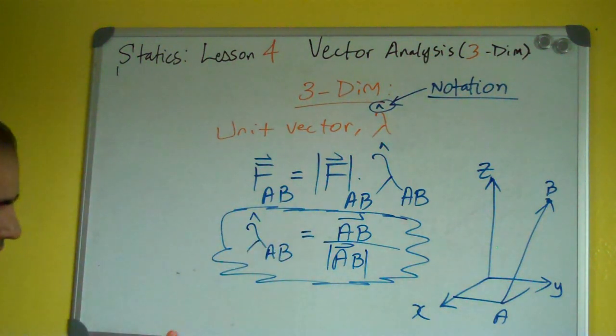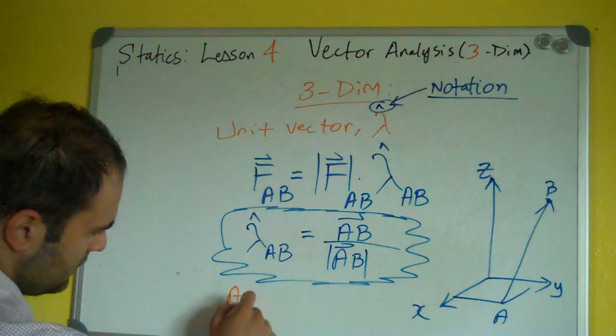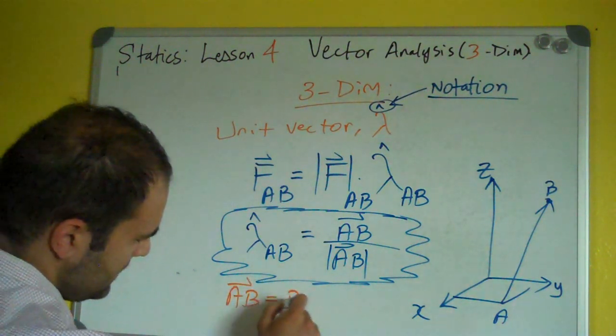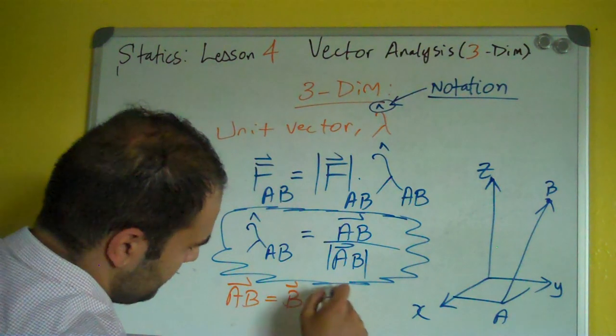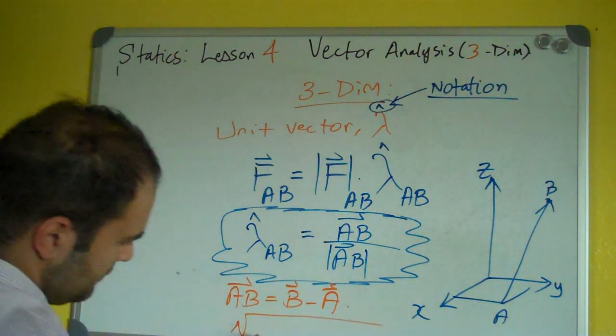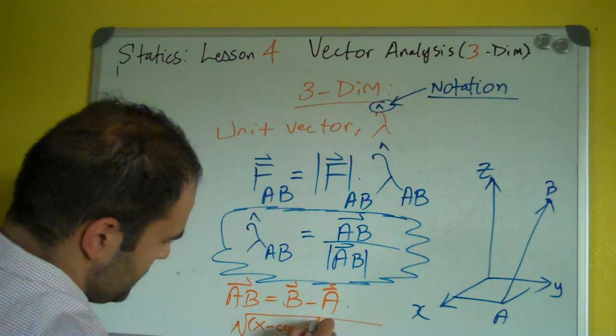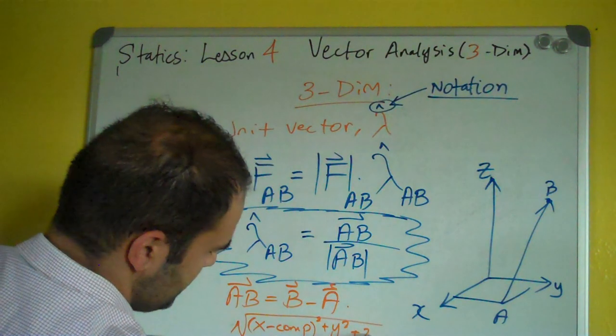So AB, what is AB? AB is simply B minus A. And AB is the norm or the magnitude: x component squared, y squared, z squared.